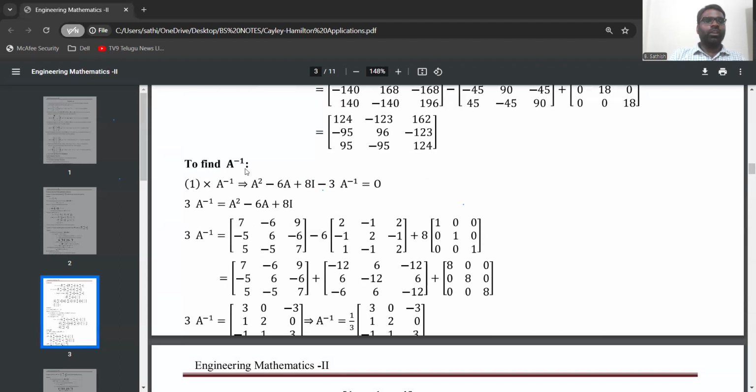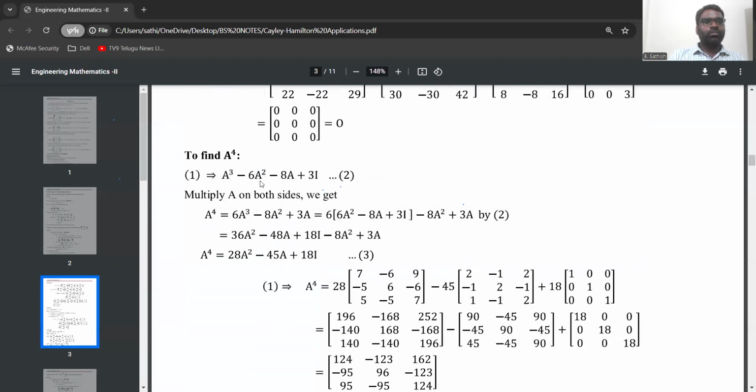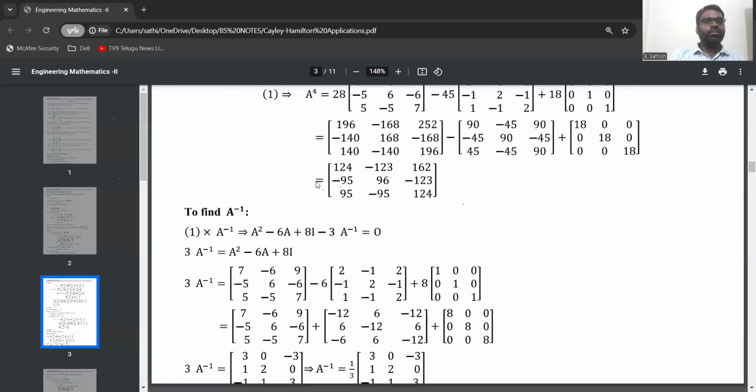Now we are finding A inverse by using our characteristic equation. Since we are having the characteristic equation, that is A cube minus 6a square minus 8a plus 3I equals to 0. So simply again multiplying with A inverse on both sides of equation 1, in place of 3, I will get minus 3 into A inverse.